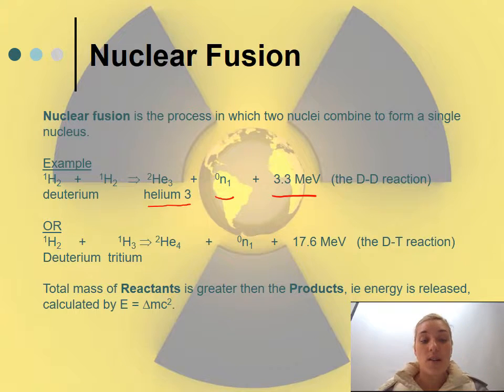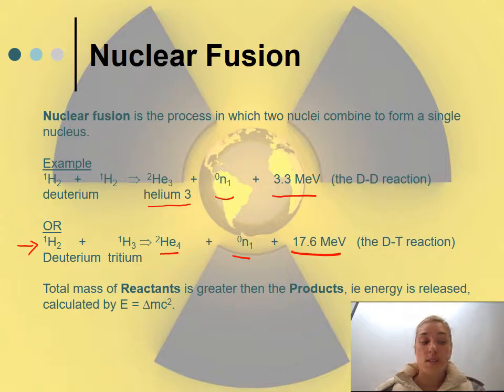So in this reaction, which is a DT reaction, we've got a deuterium hydrogen getting added to a tritium hydrogen, and it's producing a different version of a helium. So it's a helium-4 isotope. In this reaction, we're also getting the neutron being produced, so we have helium plus the neutron, just like we did before, but this time we're getting 17.6 mega electron volts of energy just from one fusion reaction.